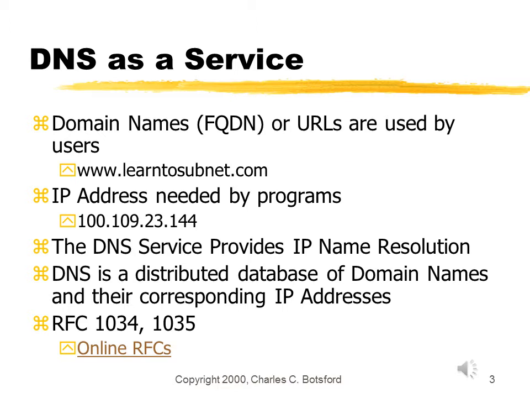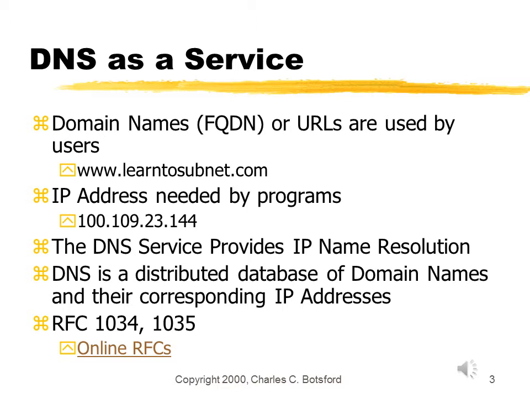But the truth is, for your computer to connect to that website and download the information from it, your computer needs the IP address of the website. And here's an example of an IP address, 100.109.23.144. So DNS as a service provides what's called IP name resolution.